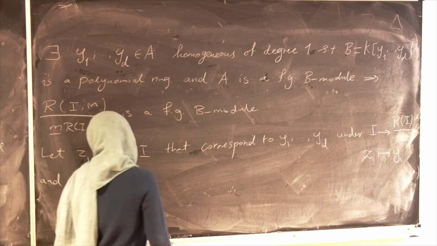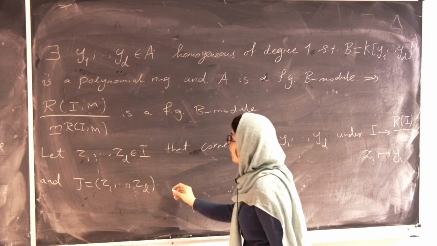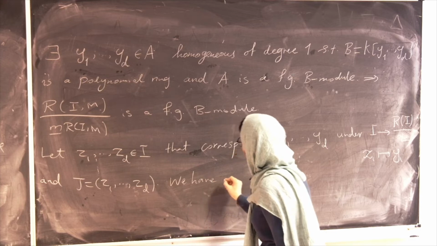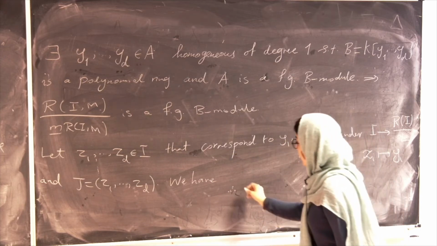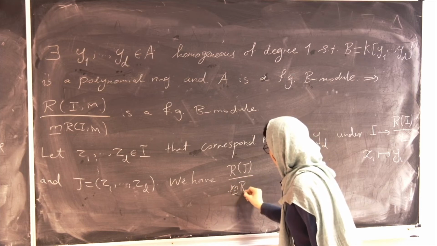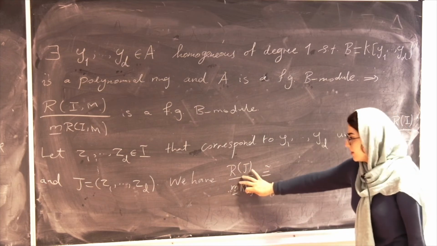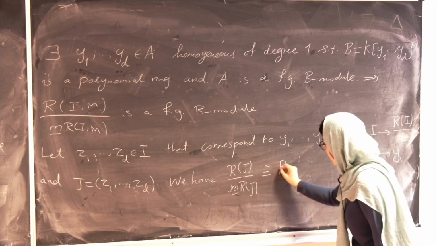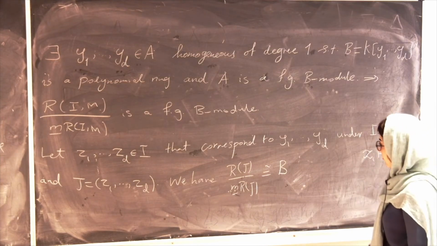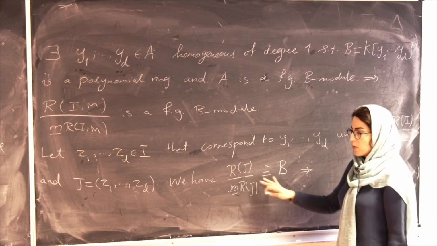This is exactly what we are looking for, because you can easily check that the ring R(J) mod m R(J) is isomorphic to B. I'm not going to go deeply into the detail of this isomorphism, but this holds. This implies that the embedding dimension of both rings are equal.